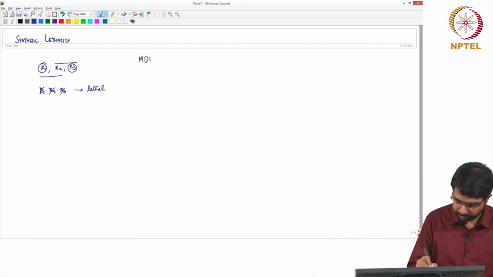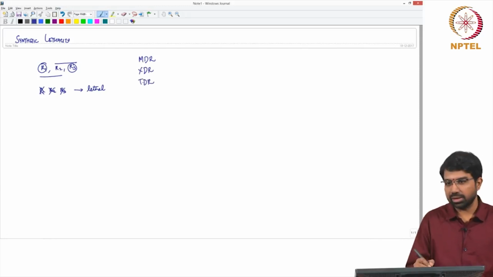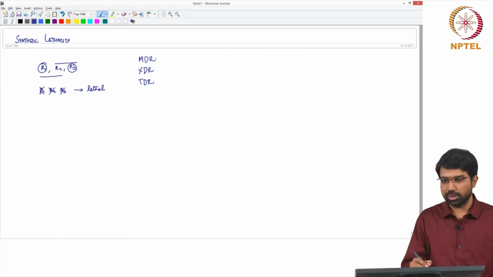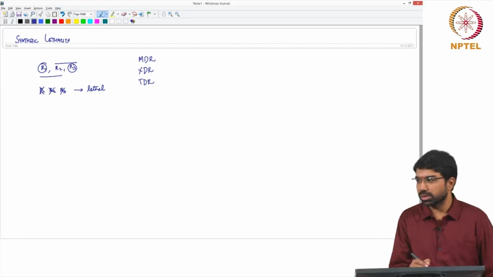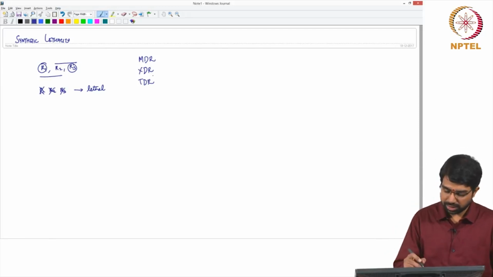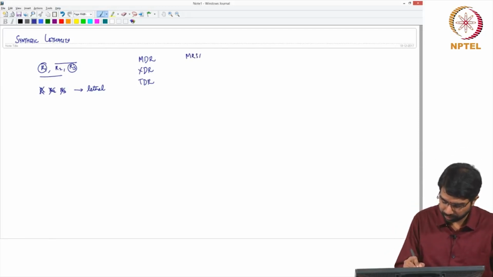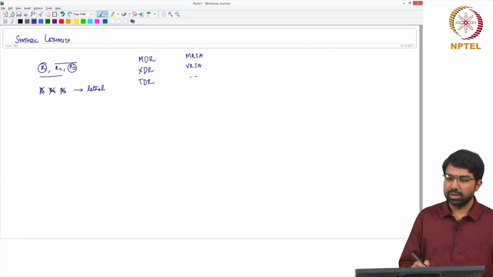There is MDR, XDR, TDR: multi-drug resistant tuberculosis, extensively drug resistant tuberculosis, totally drug resistant tuberculosis, resistant to all known drugs. Similarly, you have MRSA, VRSA and so on: methicillin resistant Staph aureus, vancomycin resistant Staph aureus.